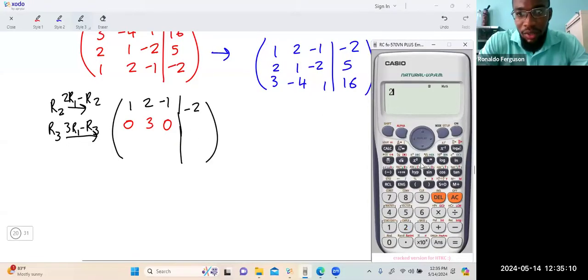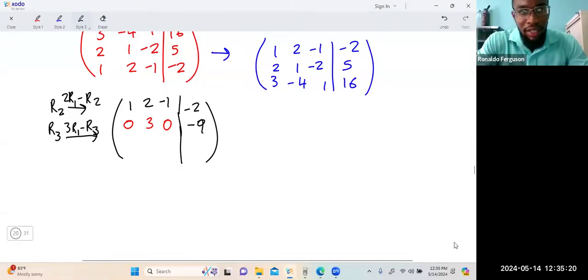And then now 2 times minus 2 minus 5. That's negative 9. And then now, row 3 is 3 times 3 minus 3 is 0. And then 3 times 2 is 6. 6 minus negative 4 is 10. And then now 3 times minus 1 is minus 3.